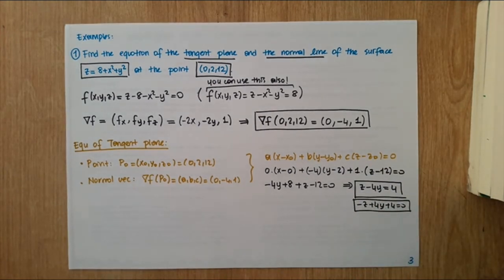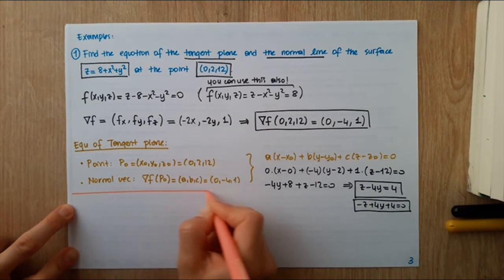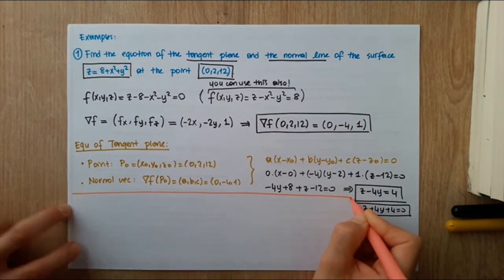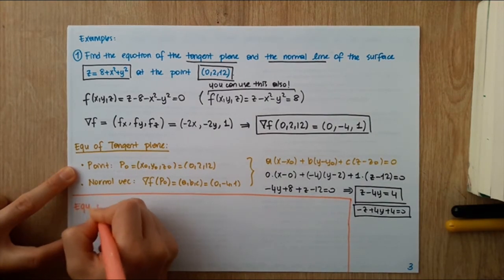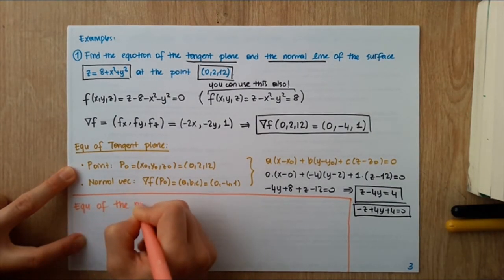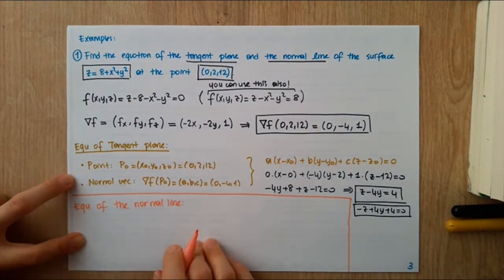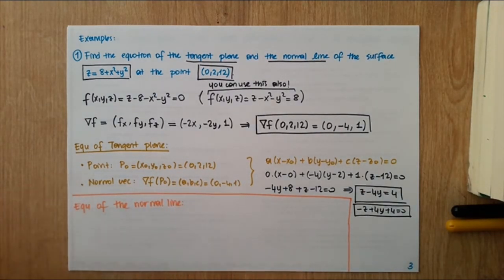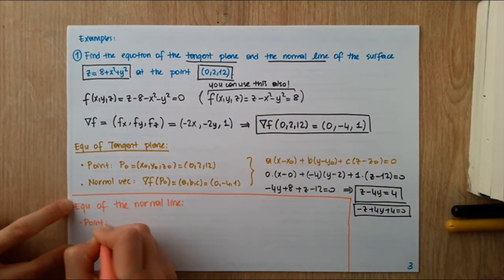Okay, so let's calculate the equation of the normal line. To obtain the equation of a normal line, I need again a point, and we know what the point is.